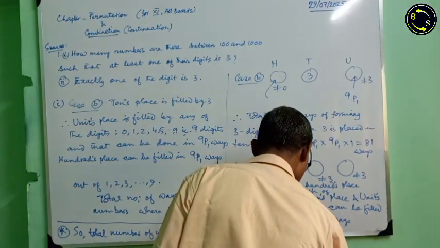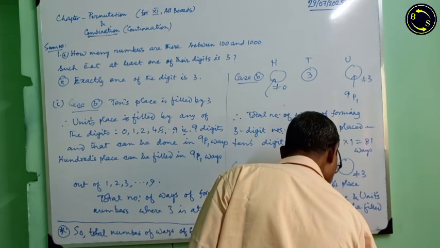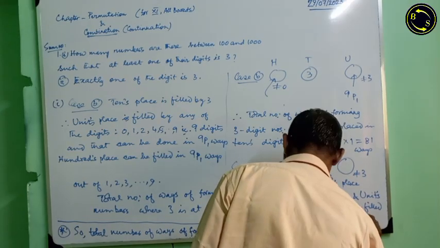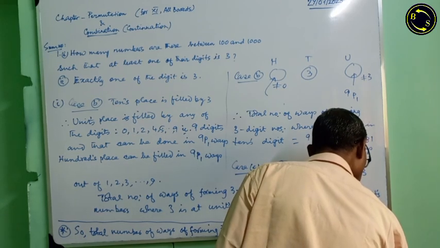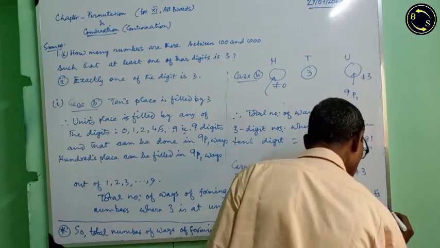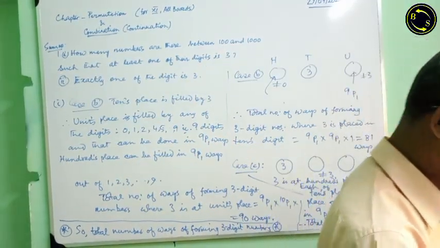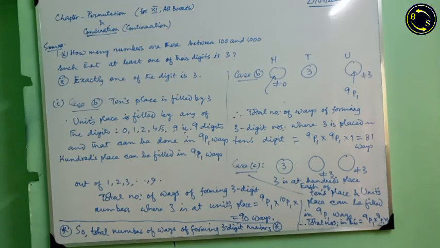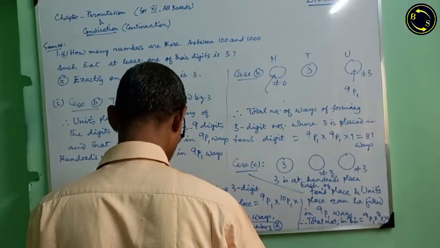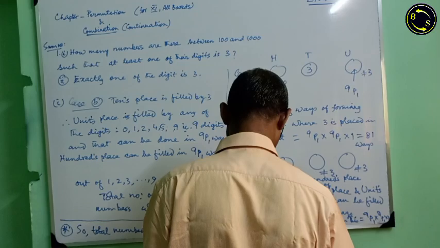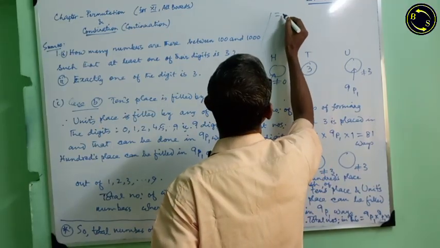Therefore, the total numbers in this case is equal to 9p1 into 9p1 into 1, that is equal to 81.